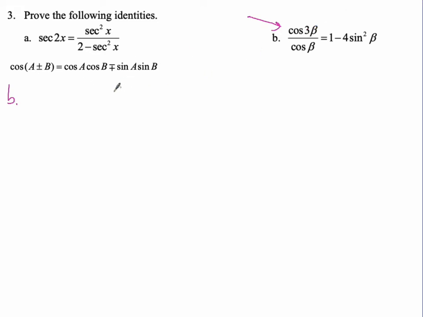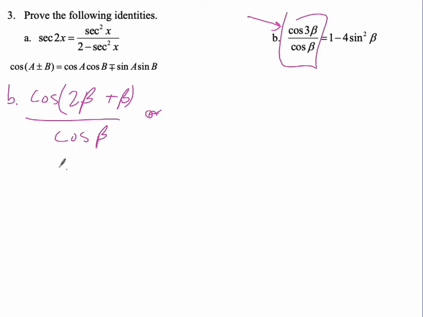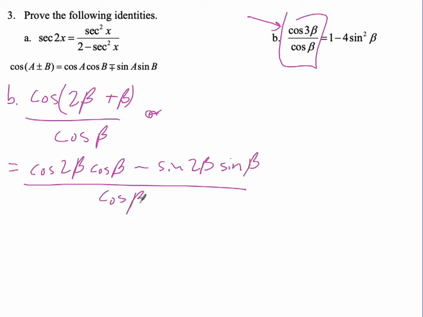The way we use that is we can write cosine 3 beta as cosine of 2 beta plus beta over cosine beta. So let's just start with the left-hand side and prove we get the right-hand side. So now it becomes cosine 2 beta cosine beta minus sine 2 beta sine beta, over cosine beta.